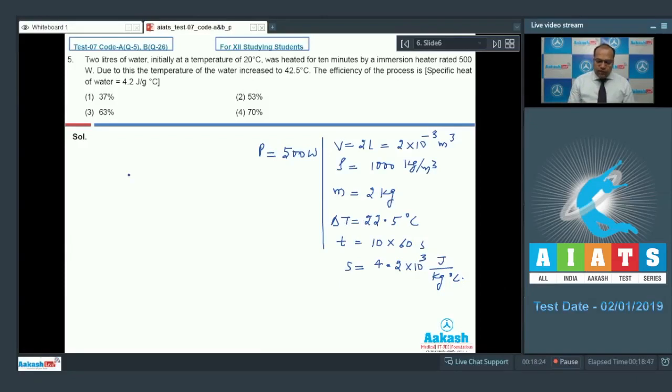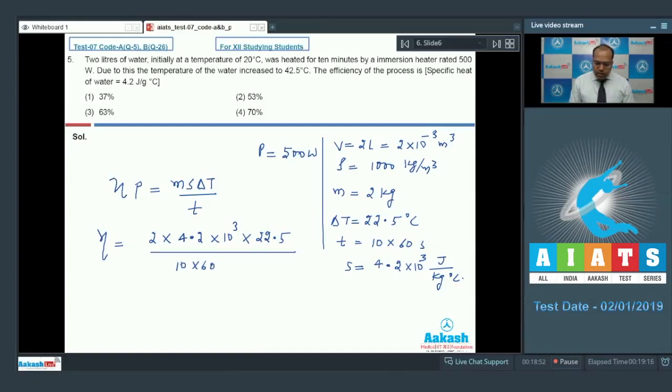If eta is the efficiency, then eta into P must be equal to m S delta T divided by T. So eta comes out to be m, that is 2, into S, that is 4.2 into 10 raised to the power 3, into delta T, that is 22.5, divided by T, that is 10 into 60, and the value of P is 500.